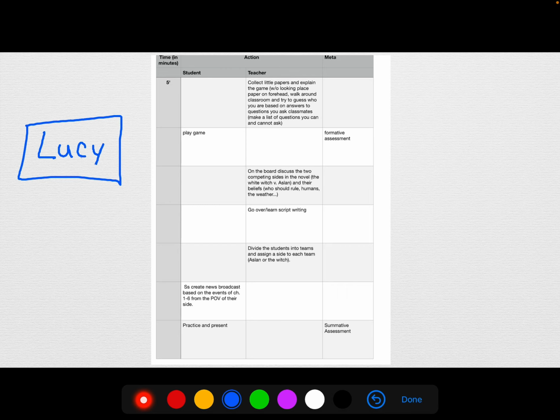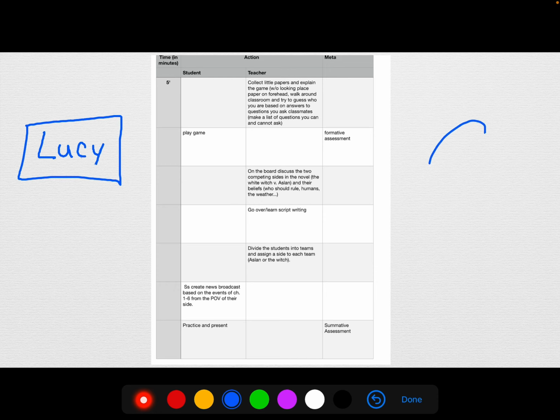A student will take this piece of paper and they are not allowed to look at it, and they will put it on their forehead so that the name Lucy is facing out, but the person holding the paper up to their forehead cannot see it. But other people walking around can see it.